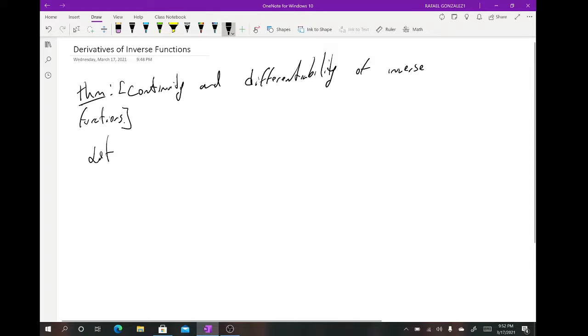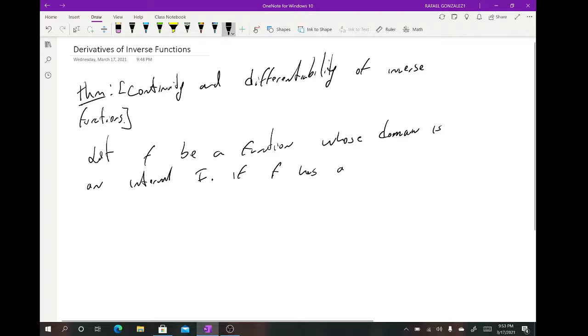It says, let f be a function whose domain is in an interval I, capital I. If f has an inverse function, then the following two statements are true.